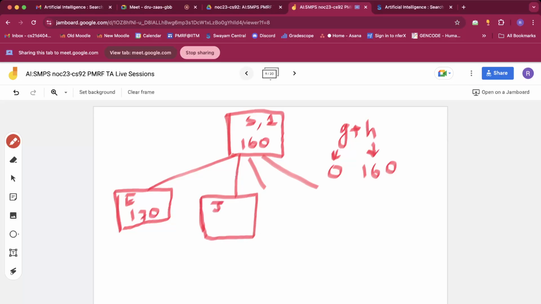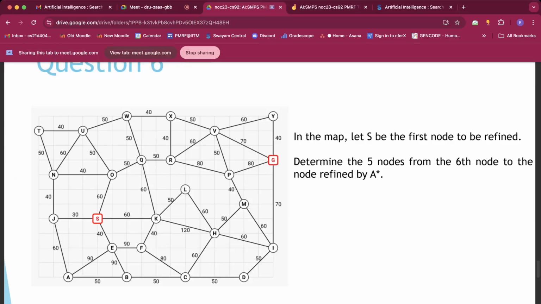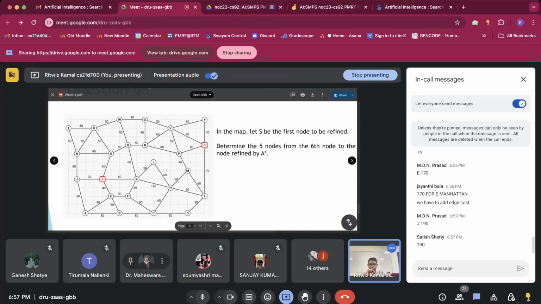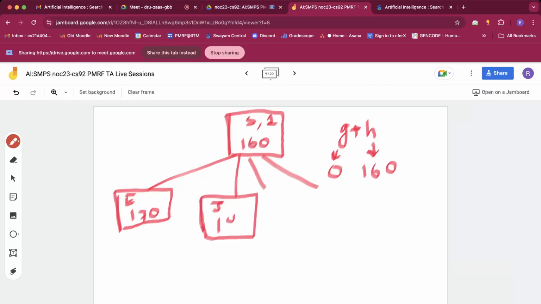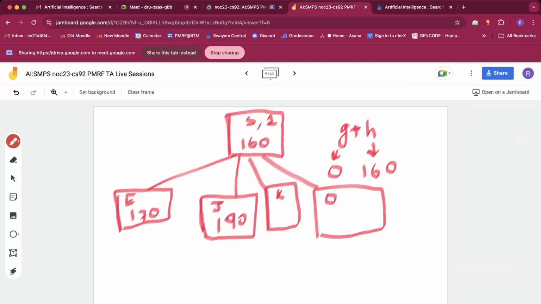What about J? 190 for J. What about K and O? K is 130.